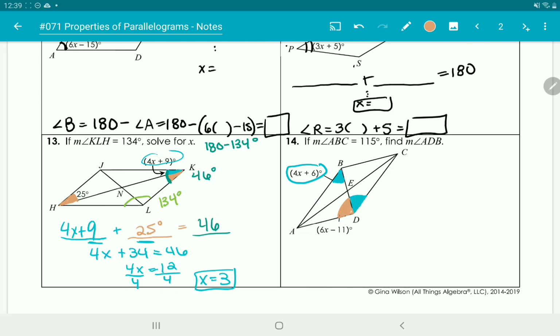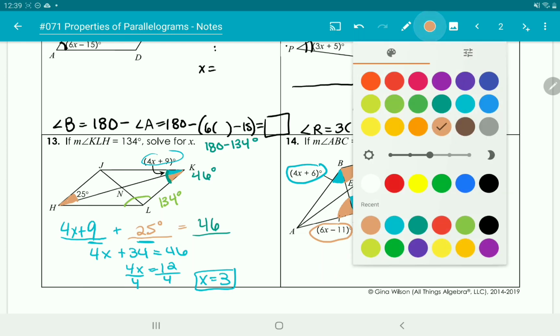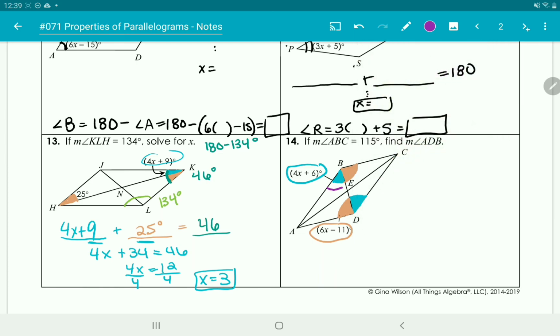This one right here is going to be down the diagonal and across, the same as this one. It tells us the ABC, so the entire angle over here, I'll go ahead and use purple for that one. So the entire angle is 115 degrees.